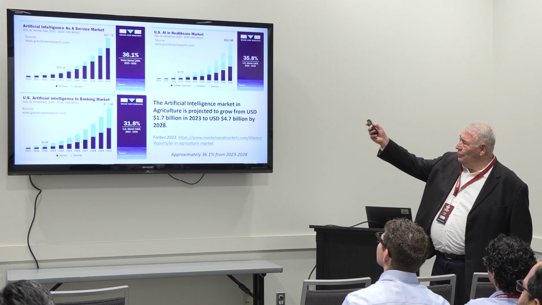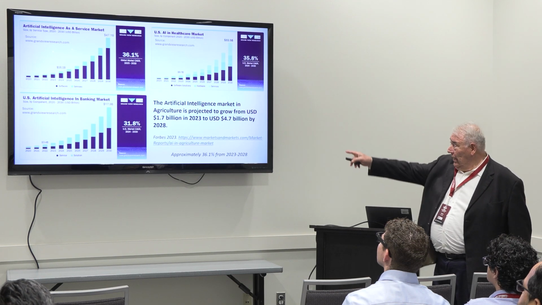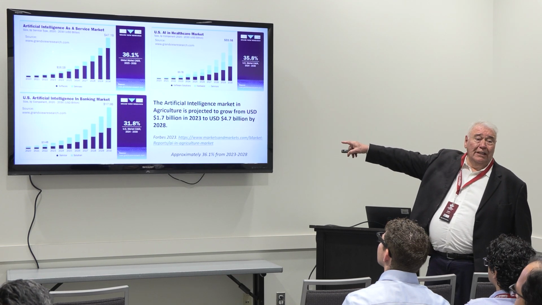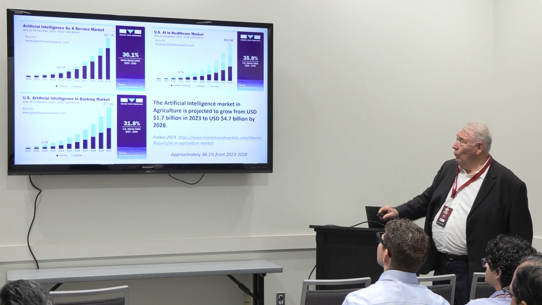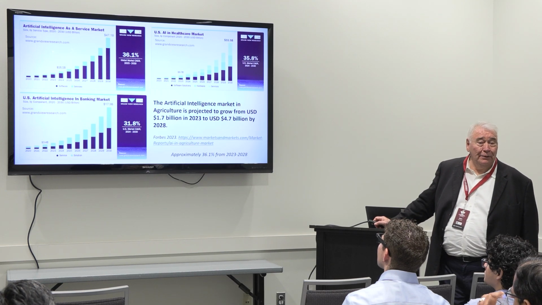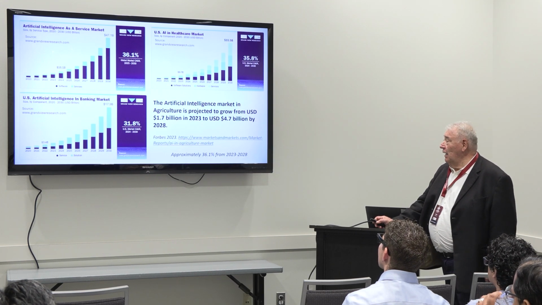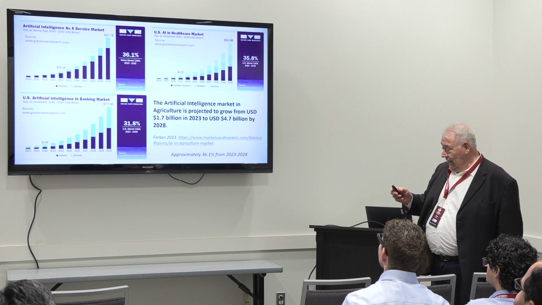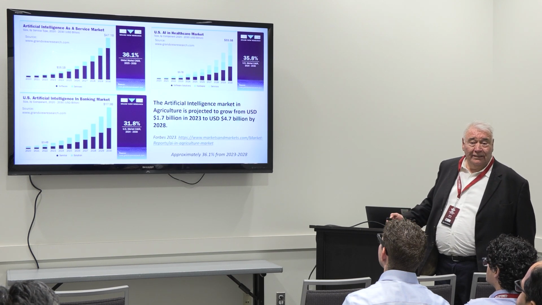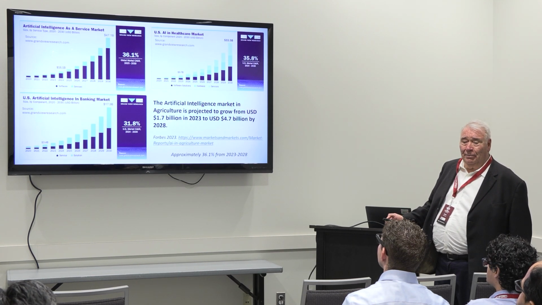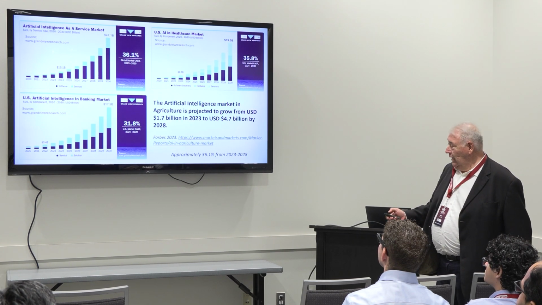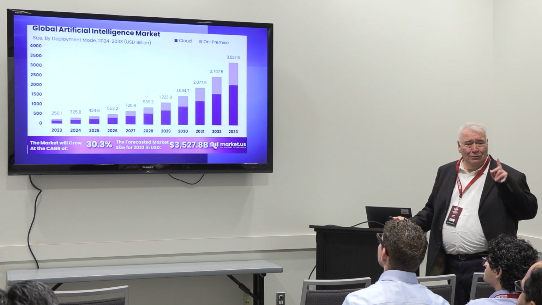But it's interesting that all of them grow. Agriculture is no exception, however the value is much lower, about a tenth of the service market. But it's interesting that the rate is about the same for all sectors of the economy. They all grow.